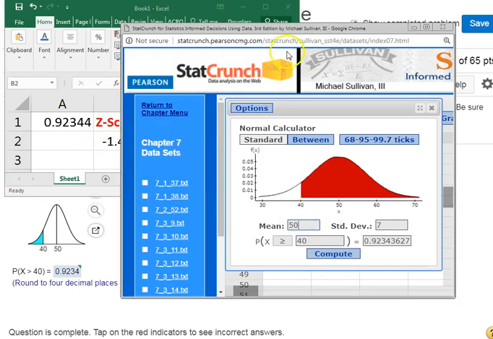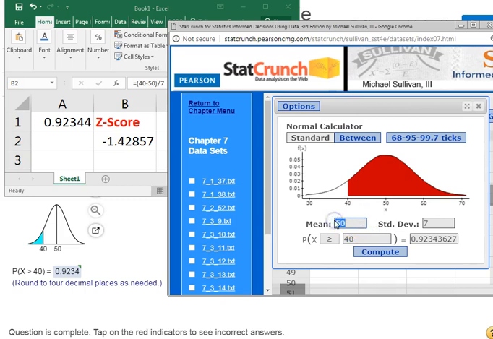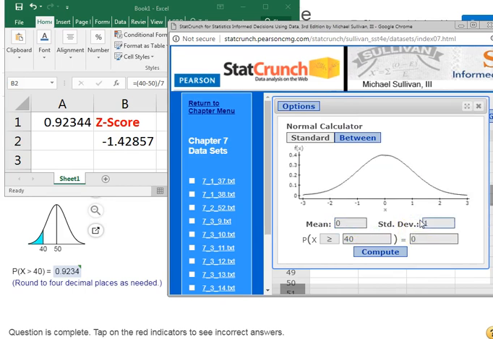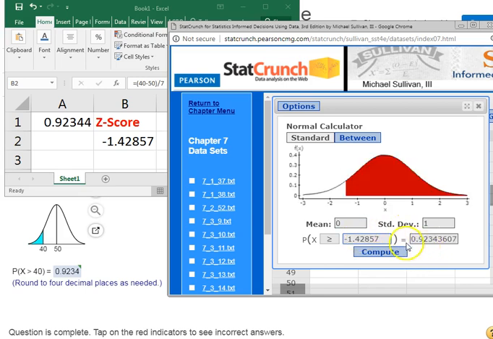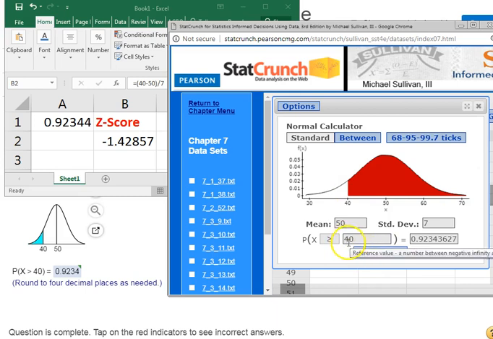So if we went back and entered our standard normal distribution, and went back to doing our z-scores, we should get the same exact result. We're looking at the same exact situation here, whether we look at the z-score and the standard normal distribution, or at the actual data value in its original distribution with the original mean and standard deviation.